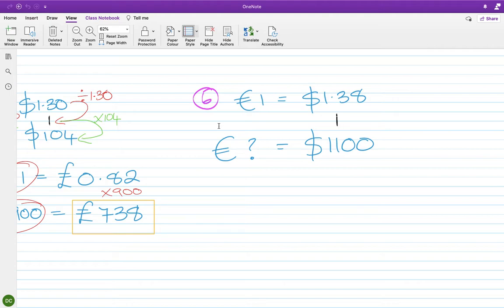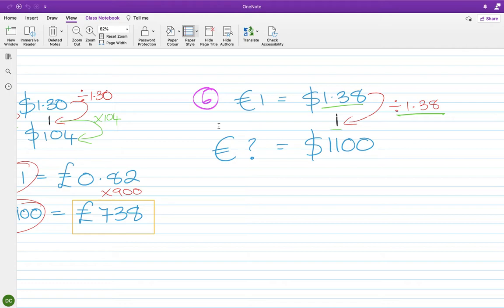Okay, so the first thing we're going to do is go from 1.38 to 1. So we divide by 1.38. And that makes sense because 1.38 divided by 1.38 equals 1.